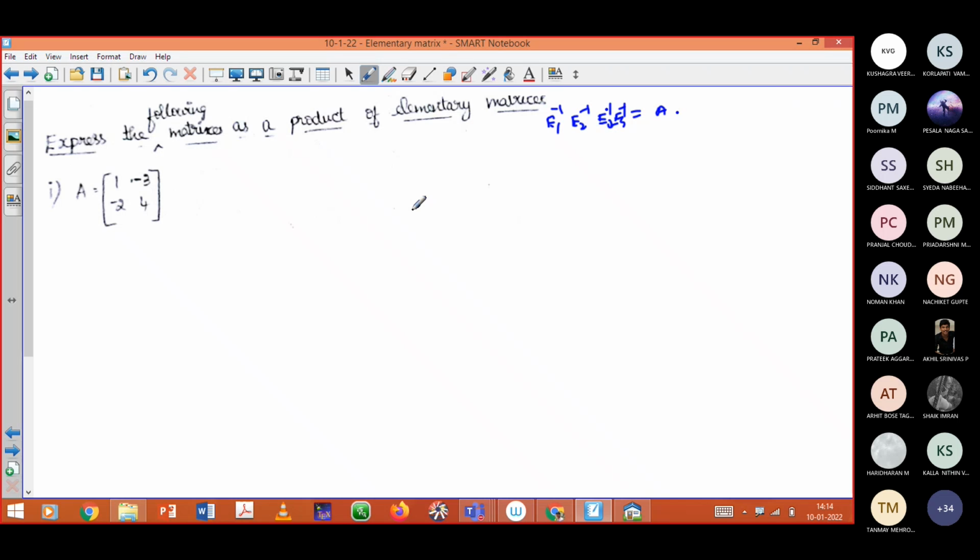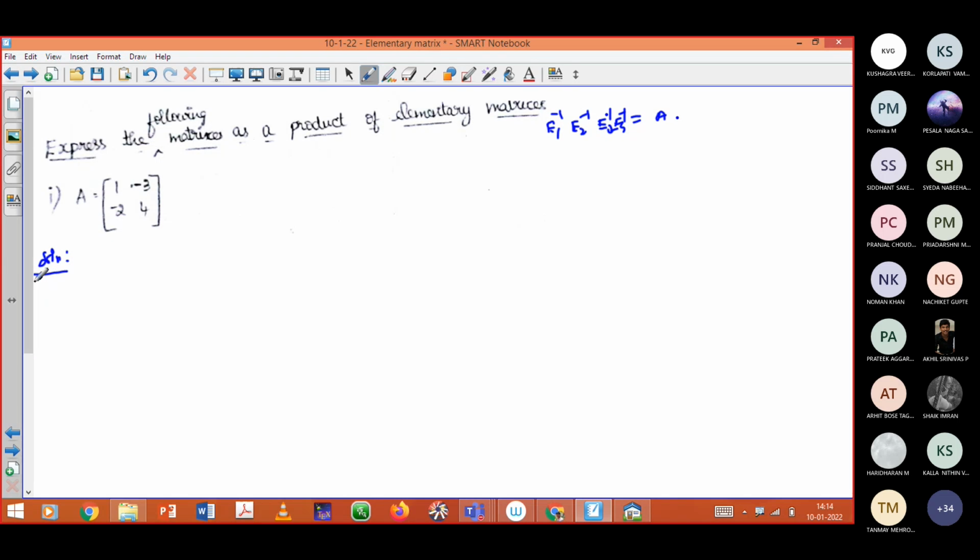Okay, in this problem, your task is to write this matrix as a product of elementary matrices.